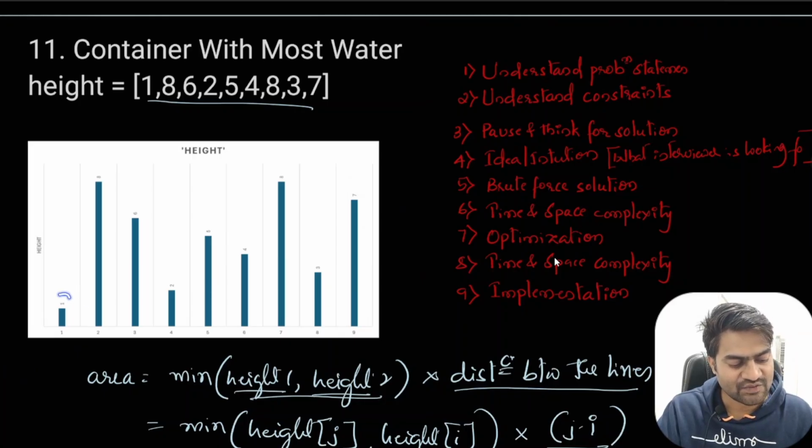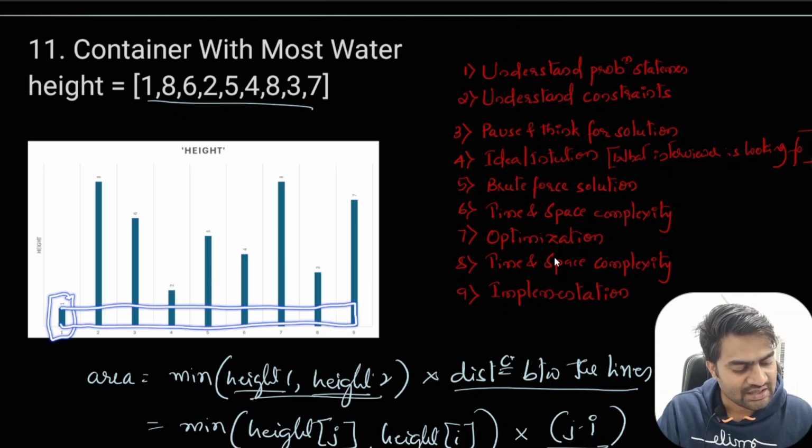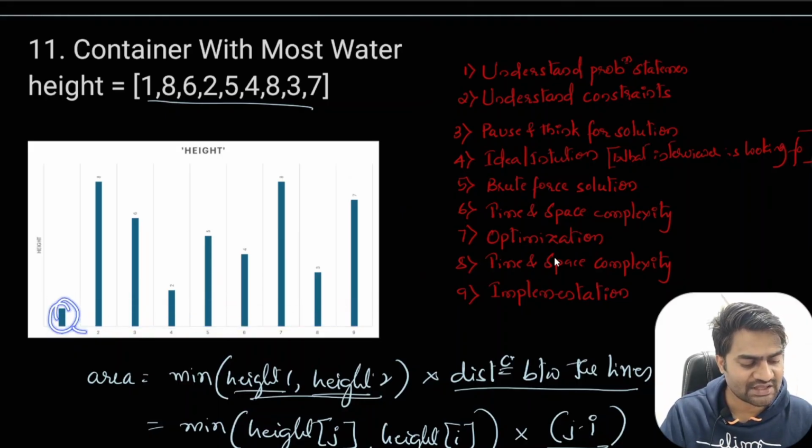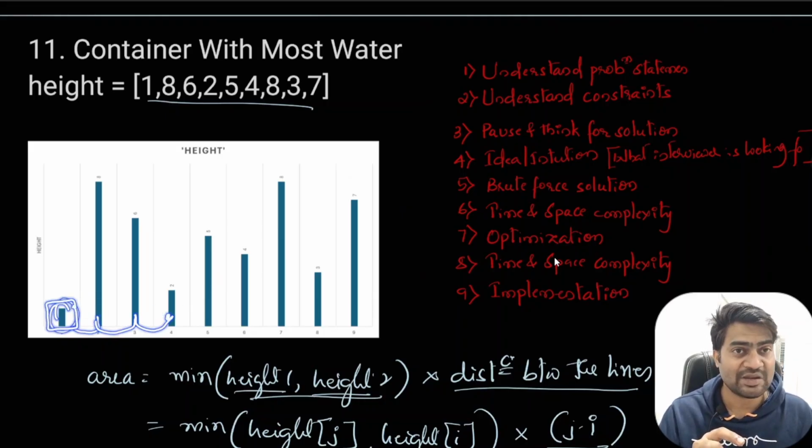So I say we should eliminate this value because this is the maximum possible rectangle that we can draw if we consider this particular value. Why? Because since this is minimum, whenever you compare this with any other heights, always this will be minimum, right?